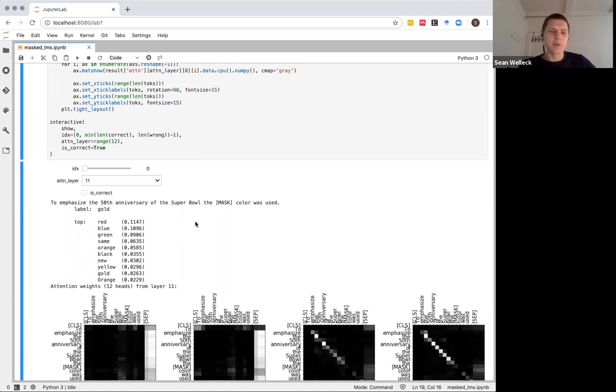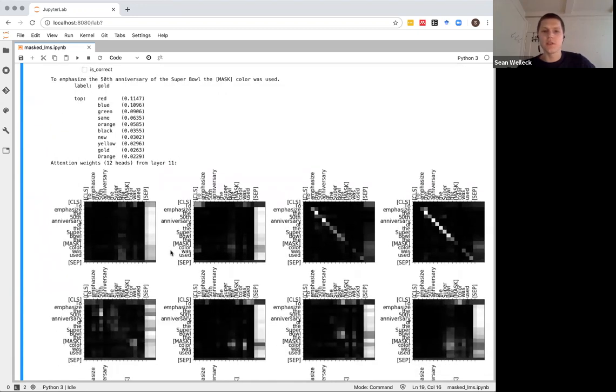Okay, so the 12 heads is, if you remember, we used this idea called multi-head attention. So the number of heads refers to that multi-head aspect. Each head is going to be computing a separate weighted sum of the values. Intuitively, each head can compute different information in the sense that it's weighting the different values differently.